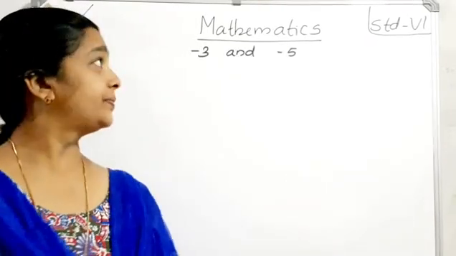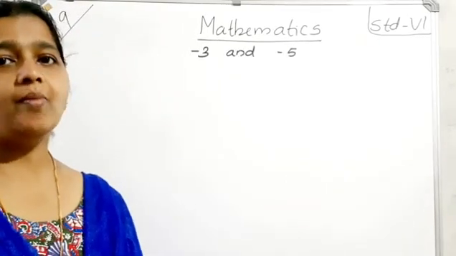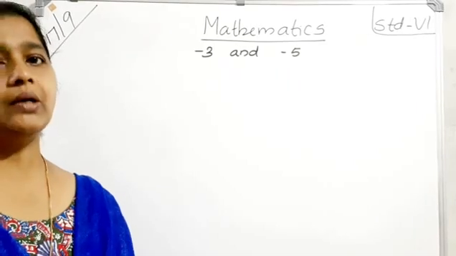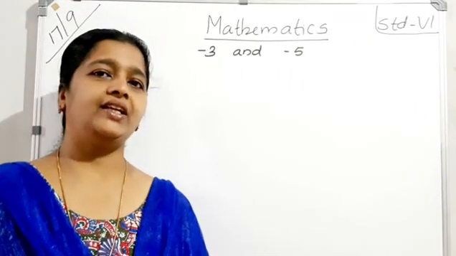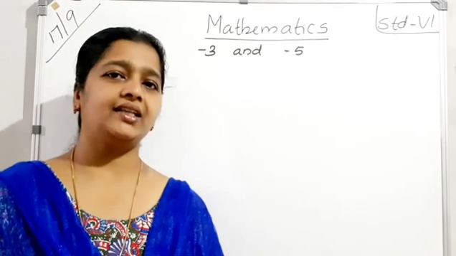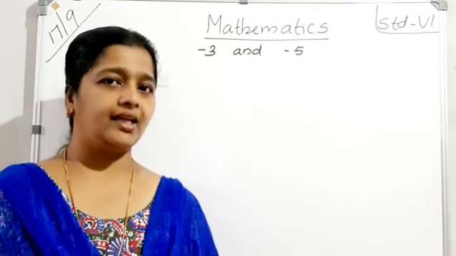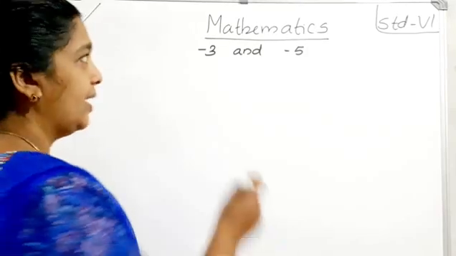Next question. Minus 3 and minus 5. Without number line we know that minus 3 plus minus 5: when we add two negative integers we get a negative integer. So first draw the number line.